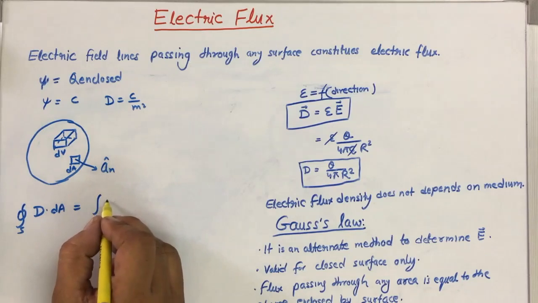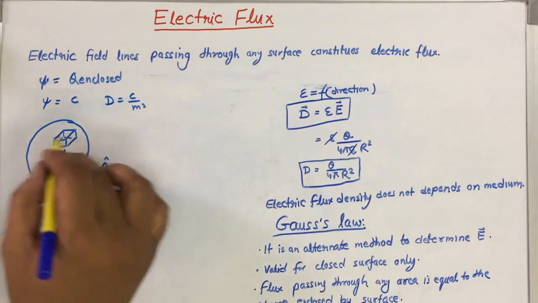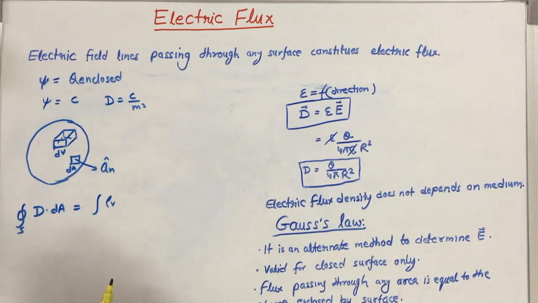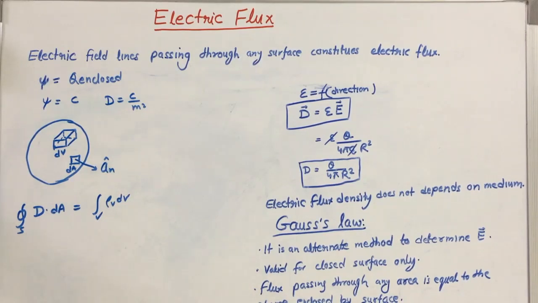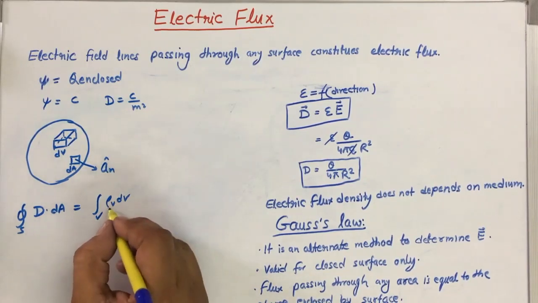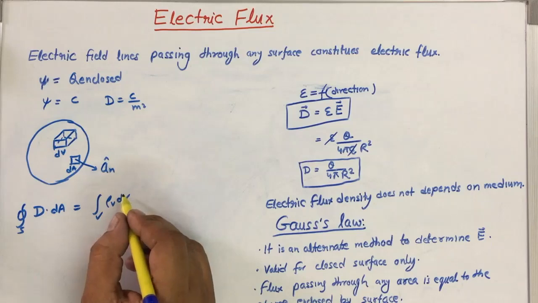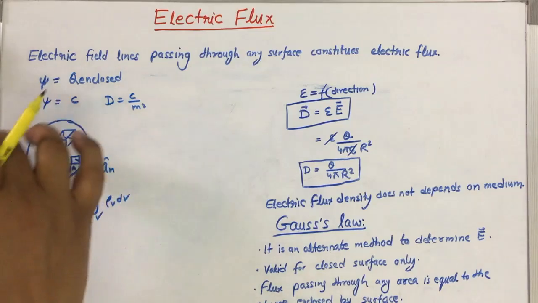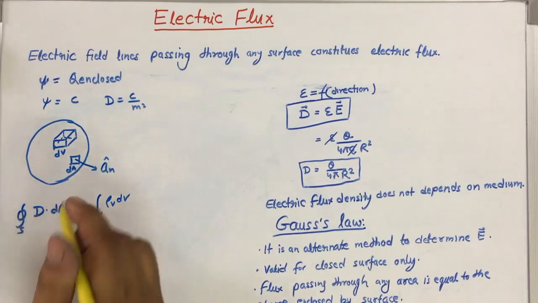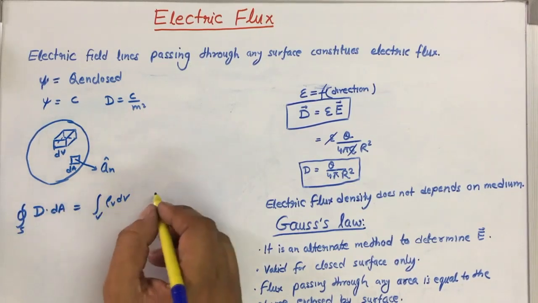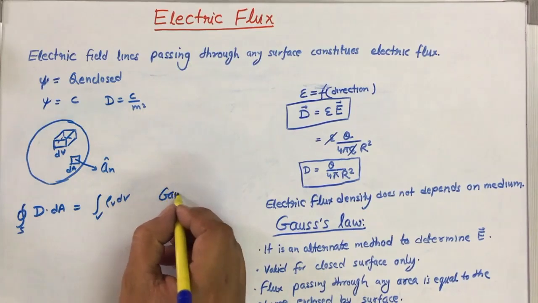This is flux, that will be equal to the total charge enclosed by that, and total charge will be the volume charge density of this object for full volume. Okay, so this is volume charge density. We will integrate with respect to dV to get the full charge, and this is nothing but Gauss law.